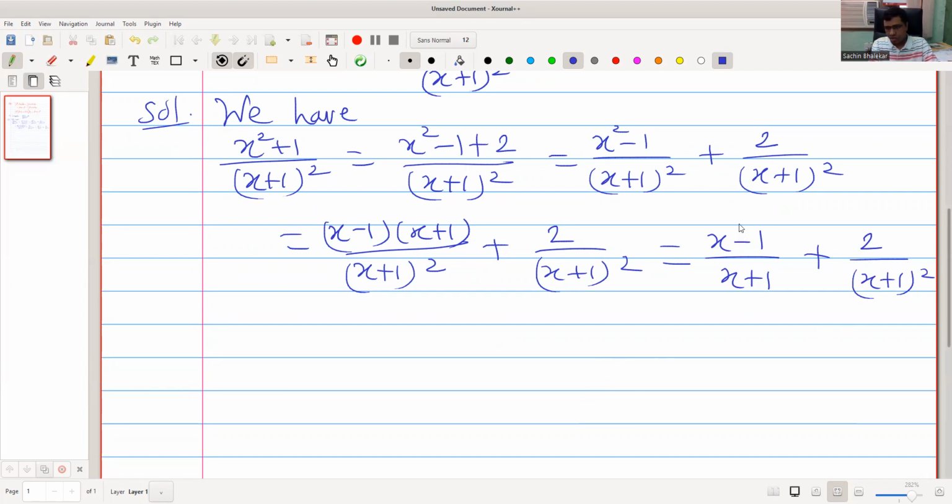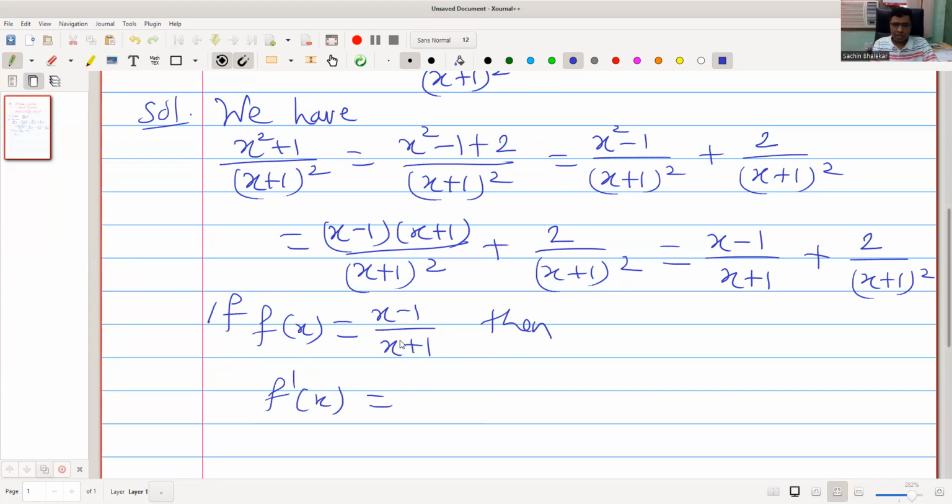Now let us differentiate first term. Okay, so if we observe this, then differentiation is clearly this one. Let us see. If we write f of x to be x minus 1 by x plus 1, then f dash of x will be, it is of the form u upon v.